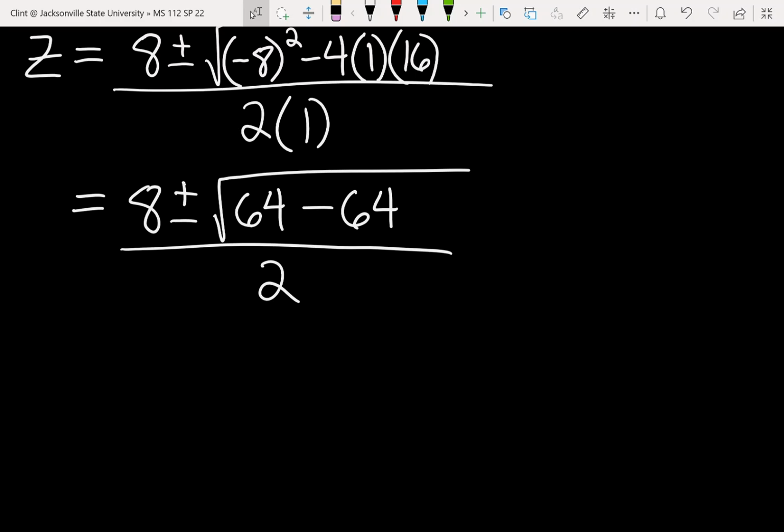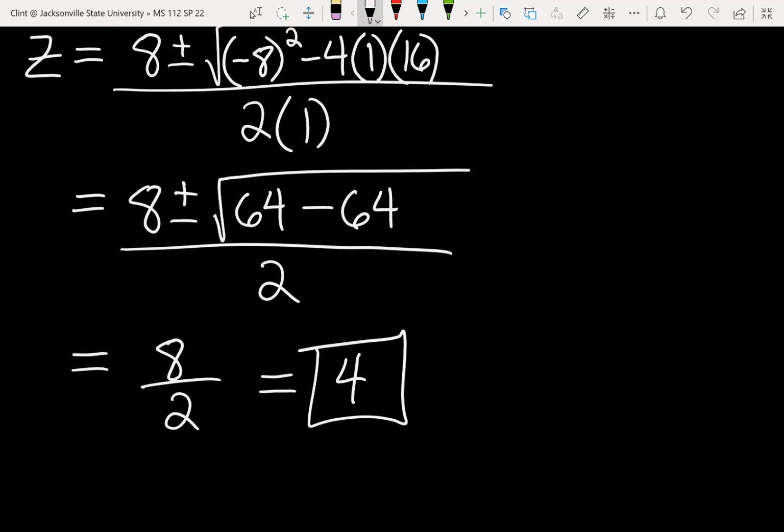Do you remember? 1. Because 8 plus or minus 0 is just 8. Get 4. Square root of 0, 0. 8 plus or minus 0 is just 8. 8 divided by 2, 4. If you factor, you get 4 twice.